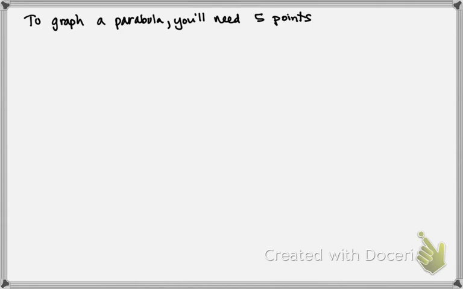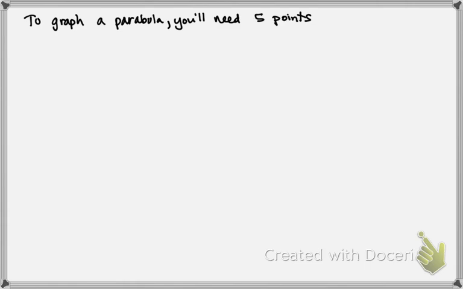So to graph a parabola, you'll need 5 points. And don't be lazy about this one. This is super important, okay? You don't have a graphing calculator. Not now. You get to learn how to do this by hand. Down the line you can use Desmos or whatnot, but that doesn't count now. You have to learn how to do this by hand, okay?